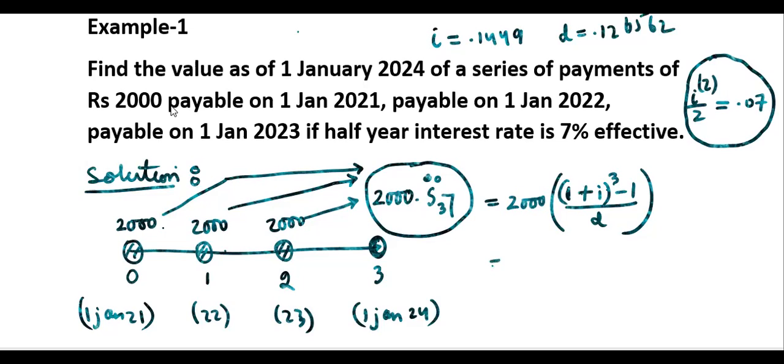Then put everything here, and you should be able to get the final value. You can check the answer. It should be 7912.855304. This is the answer.